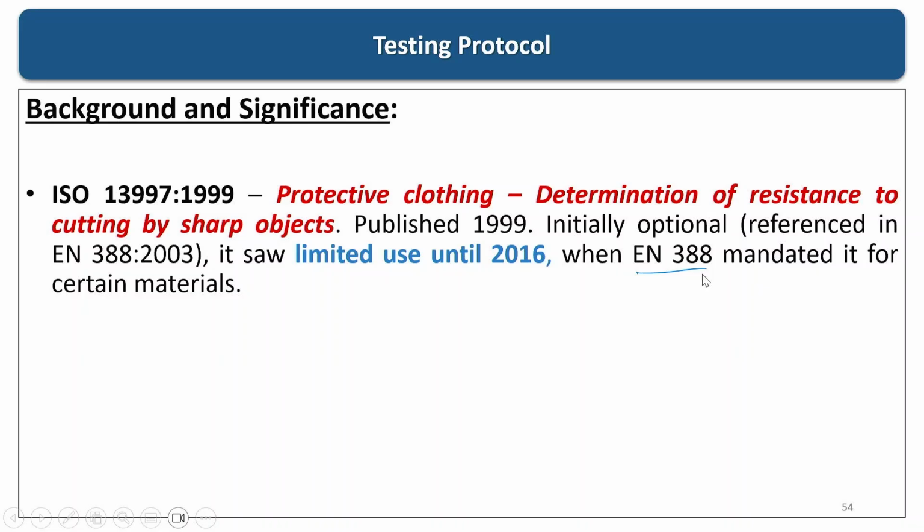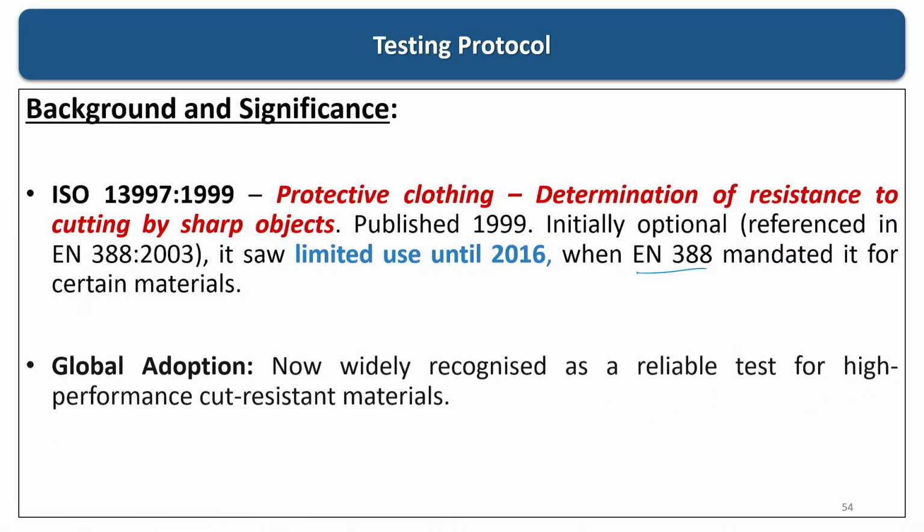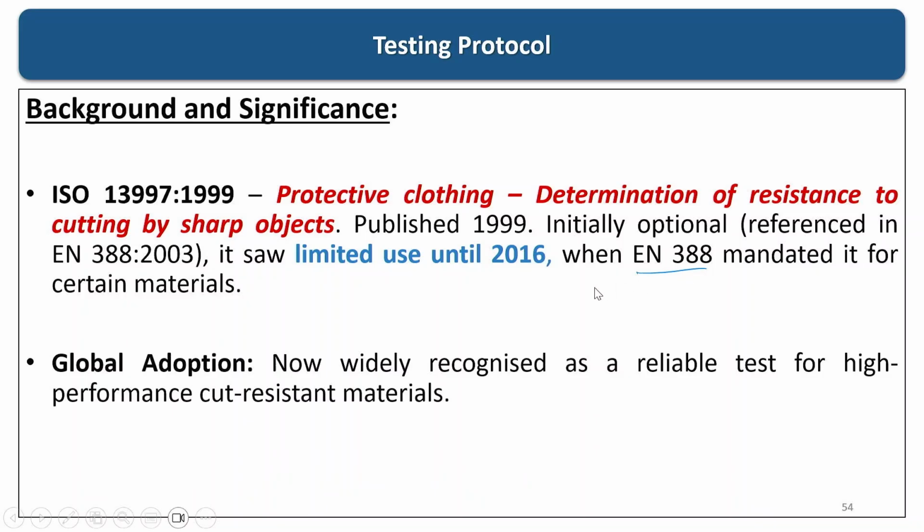So ISO 13997 is now mandatory in EN 388. It is globally adopted, now widely recognized as a reliable test for high performance cut resistant material.